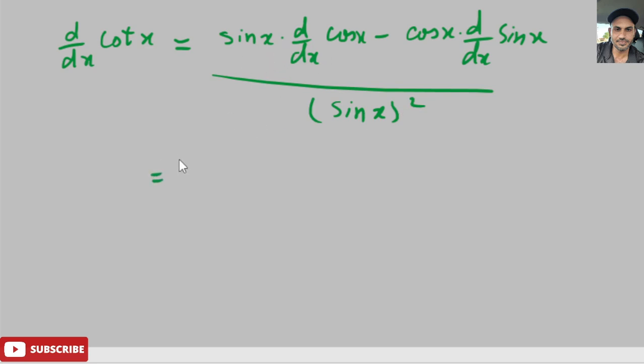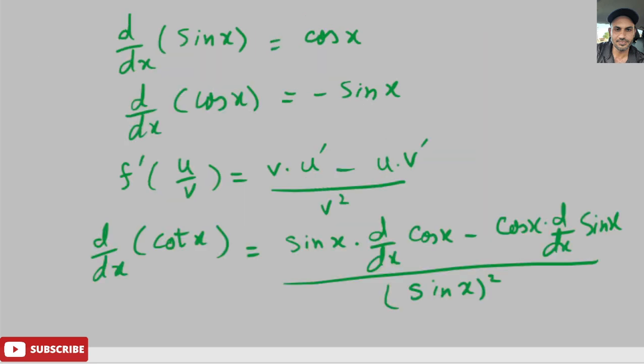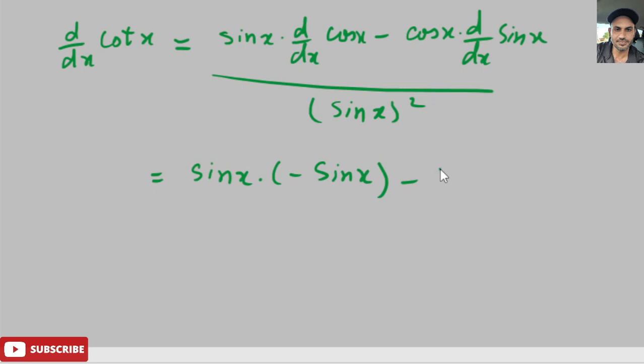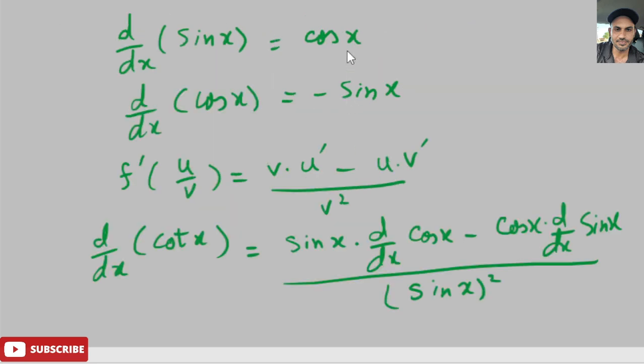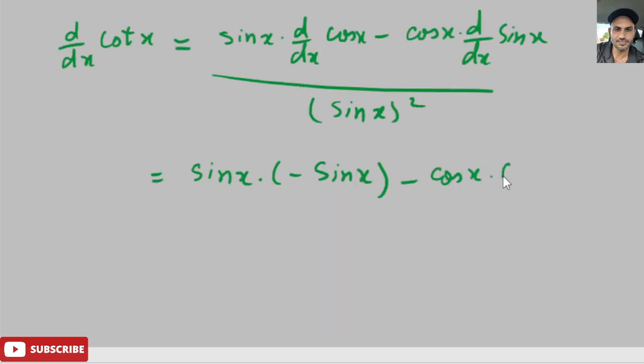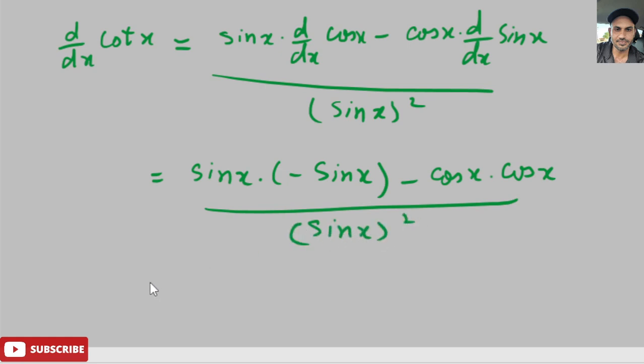And now we go ahead and take the derivative, so we get sine of x times negative sine of x. Okay, the derivative of cosine of x is negative sine of x, minus cosine of x times the derivative of sine of x, which is cosine of x, and everything divided by sine of x squared. Now we go ahead and multiply these together.